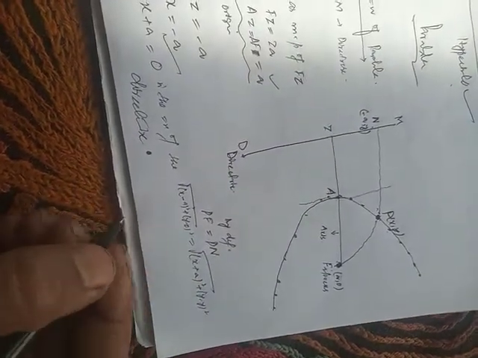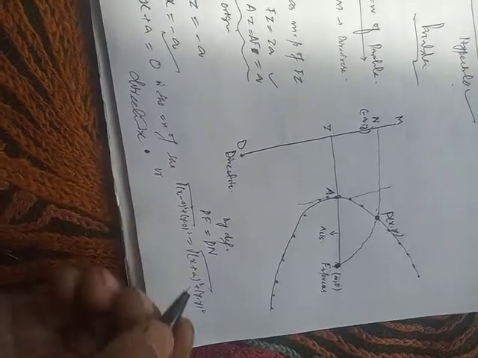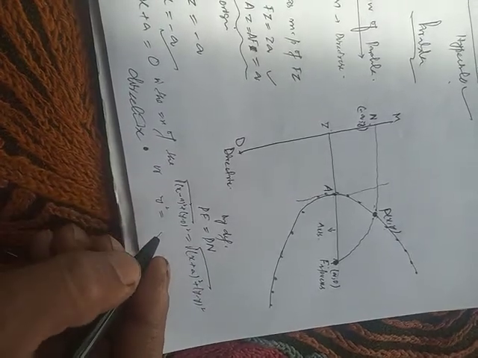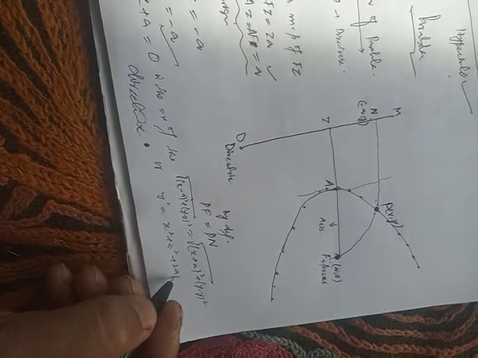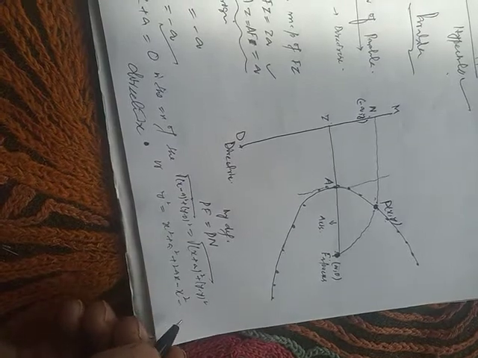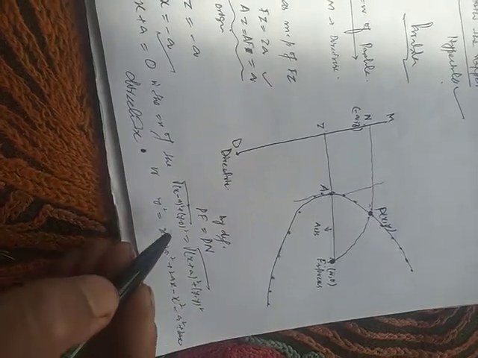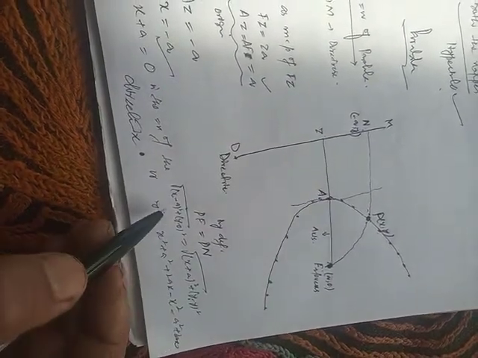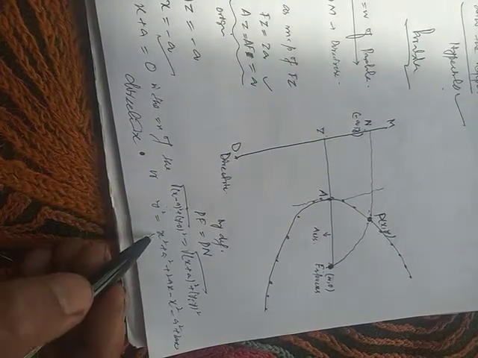On squaring both sides and simplifying, we get y square is equal to x square plus a square minus 2ax, minus x square minus a square minus 2ax. Transferring this side to this side, we get y square.